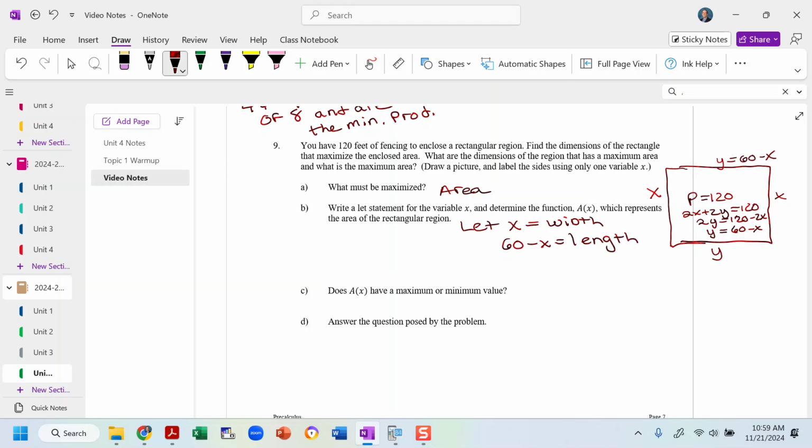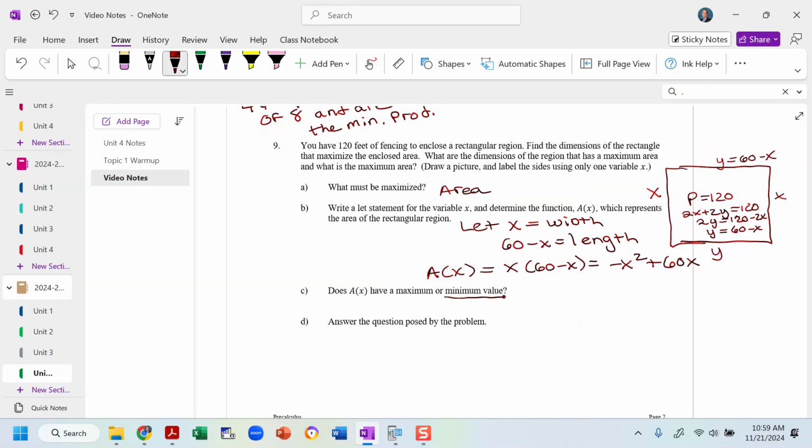So the function is going to be A of x equals x times 60 minus x, which equals negative x squared plus 60x.